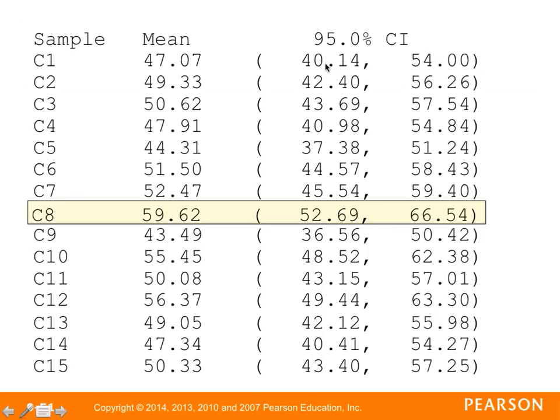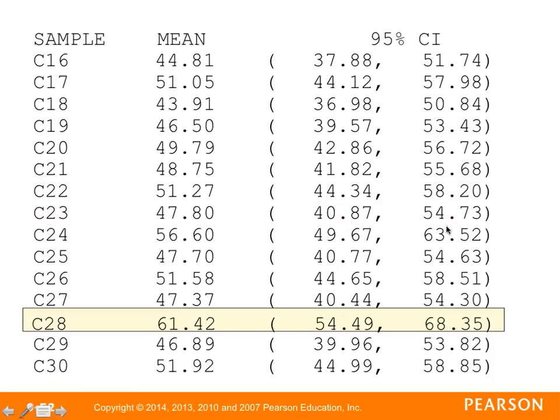So for example, if we look at this first confidence interval, our 95% confidence interval is from 40.14 to 54. That does contain 50. Okay, so that one is good. And if we kind of look our way down, these all contain 50. This one that's highlighted does not contain 50 because it goes from 52.7 to 66.5. So that's one of the ones that doesn't. And then if we look on our next page, all of these contain 50. This one also does not.